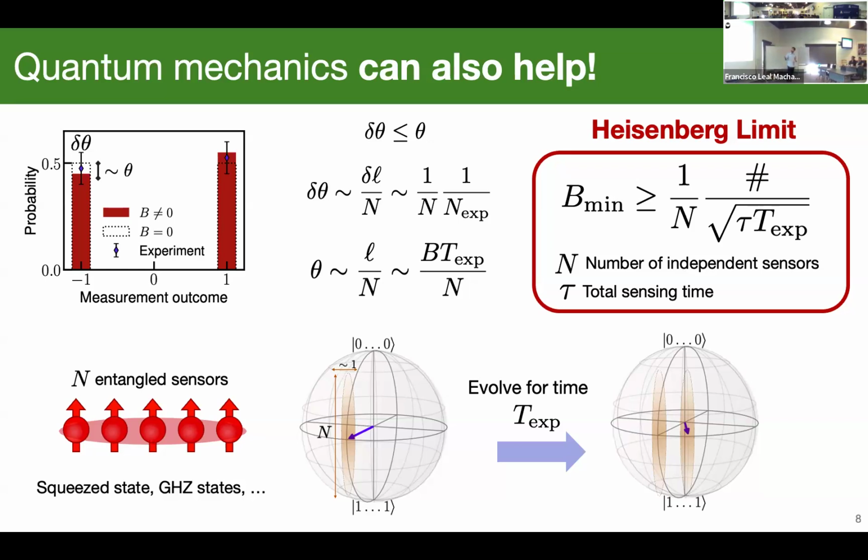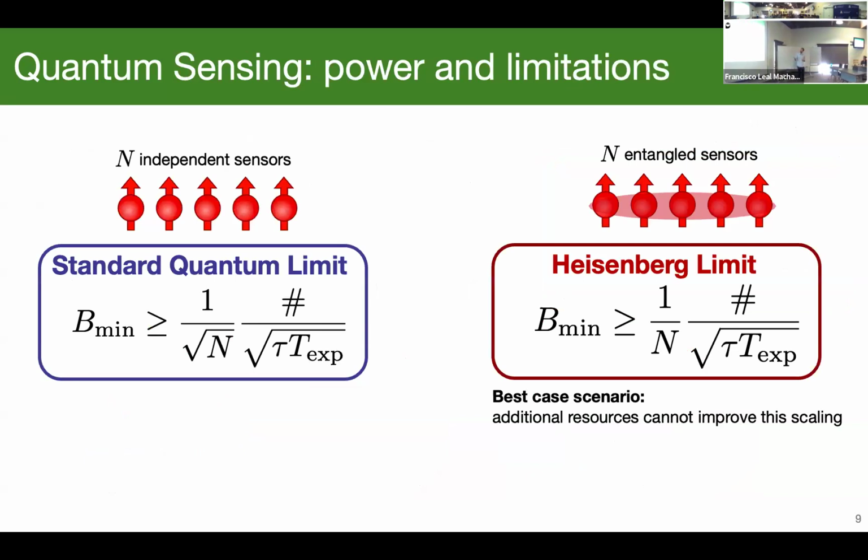Okay. So this tells us again that one way of understanding is that quantum sensing appears to give us some limitations if we have unentangled particles. It also tells us that by manipulating our quantum systems in a precise way, we can actually improve things and do better than what we would naively expect. But one thing that I want to emphasize is that in estimating a particular magnetic field, that's as good as it gets.